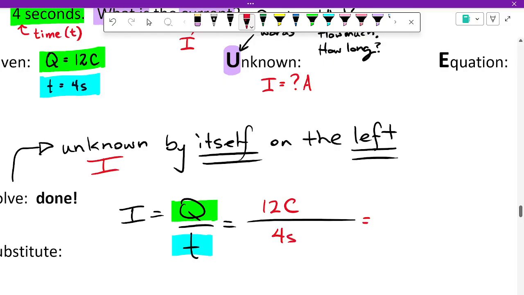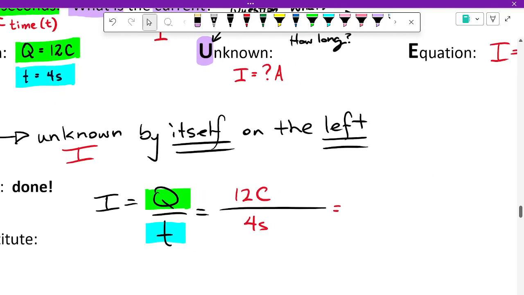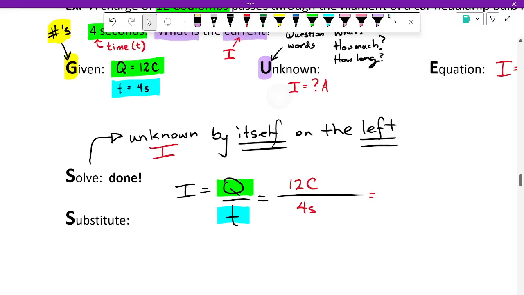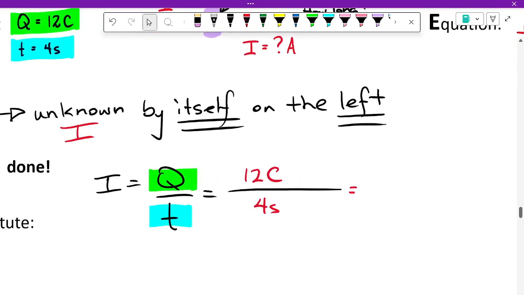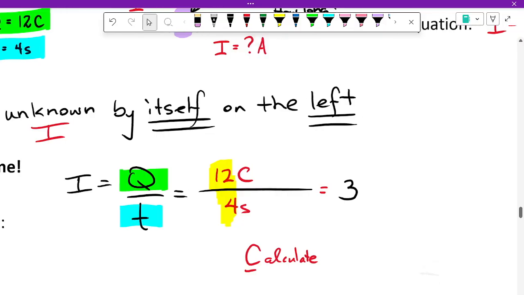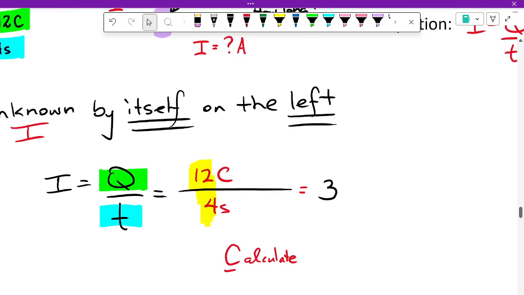So that was substitute. What comes after substitute? We've done guess. Calculate. You could probably do this in your head. What is 12 divided by 4? 3. And our unit now is coulombs over seconds.